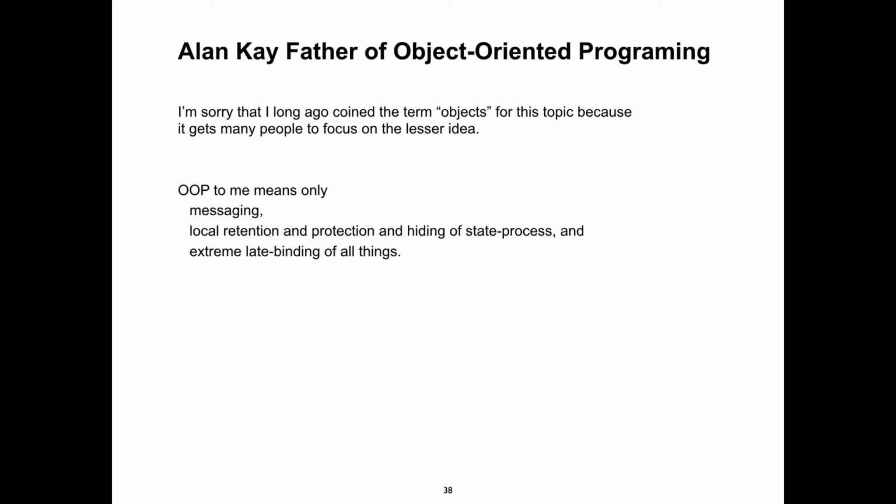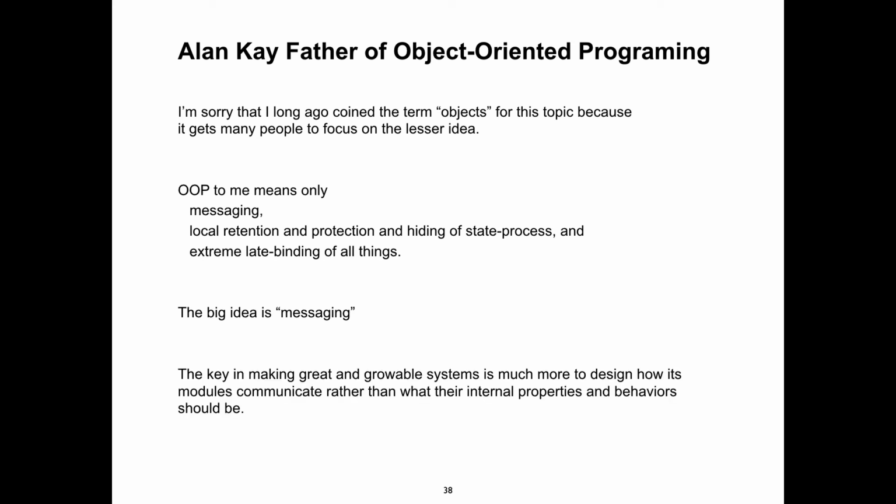Now Python is more dynamic because you don't even have to have subclasses related by classes. As long as they've got the same methods, I can just swap it in a variable and replace it with another one. So his big idea is the messaging, not the object part. That's how the pieces communicate, right?